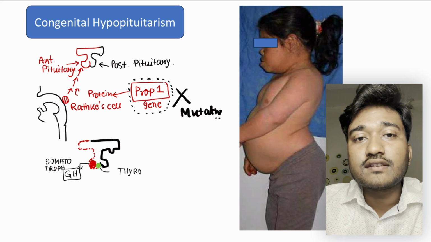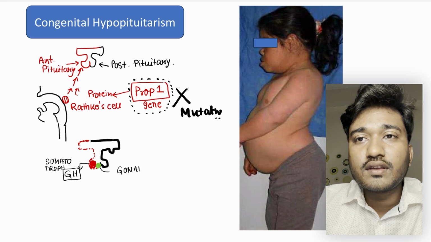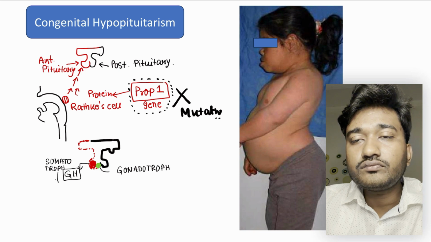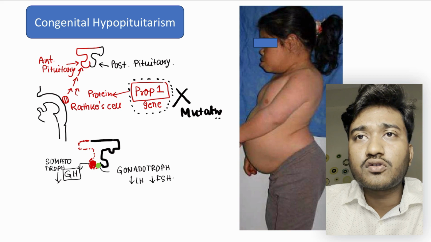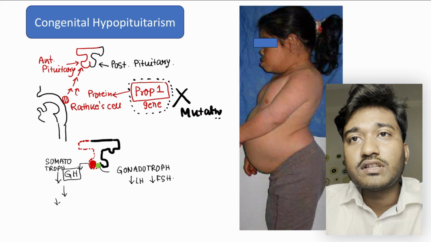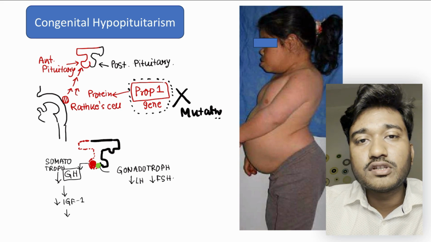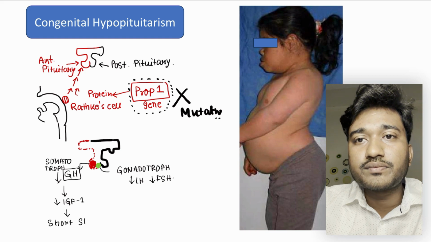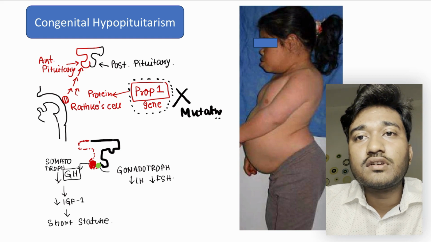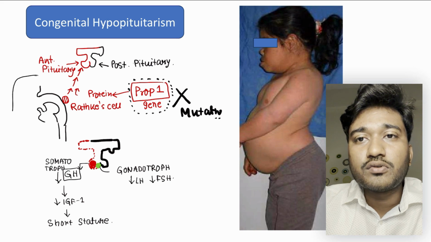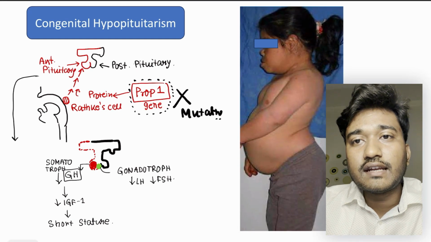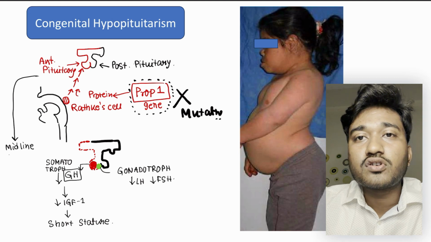As well, the gonadotropic cells, that is LH and FSH, are not produced in this congenital hypopituitarism. Actually, the anterior pituitary is mainly involved with the somatotropes as well as the gonadotropes. So as there is no growth hormone, automatically the IGF-1 is not produced. As there is less IGF-1, there is short stature.